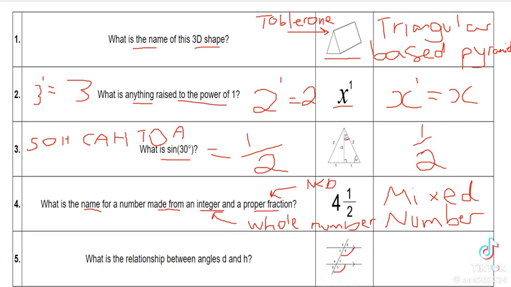This is question number 5. What is the relationship between angles D and H? The ones in red that I've circled are what I call corresponding angles.